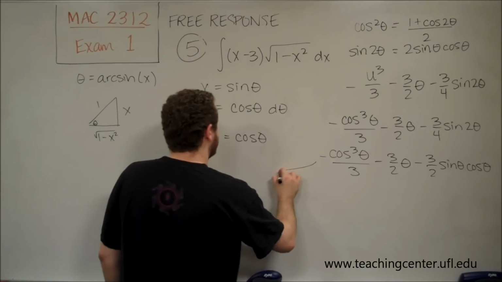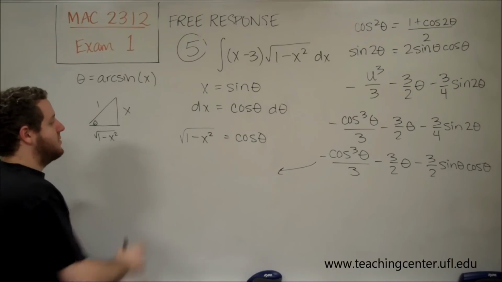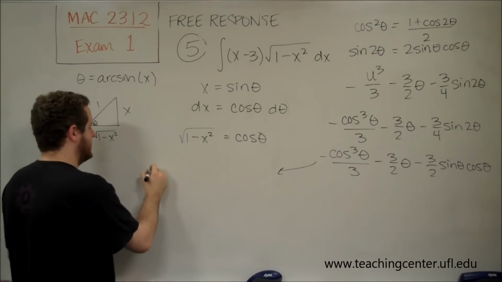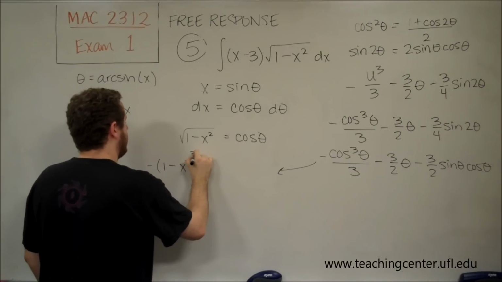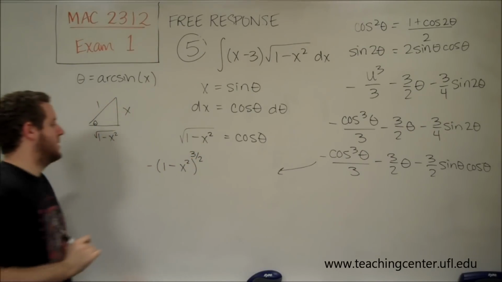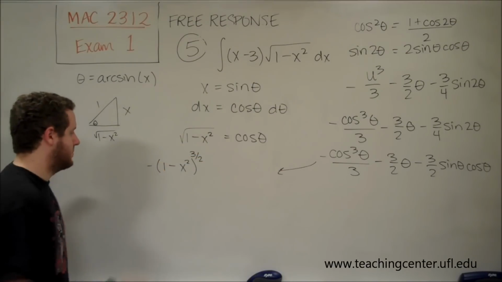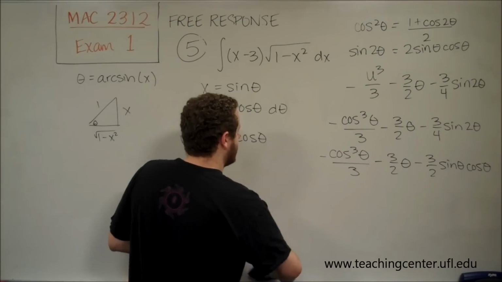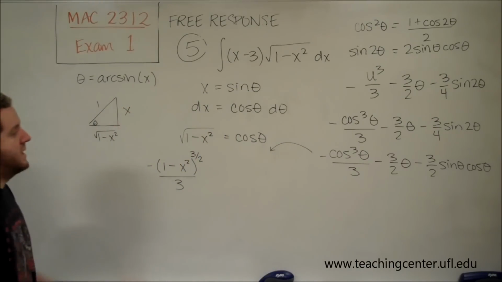So finally this, now written completely in terms of x. So we have cosine cubed, so let me write that as a fractional exponent instead, so that'll be easier to write. So we have 1 minus x squared to the 3/2, because we have square root, but we're cubing it, over 3. Minus 3/2 theta.